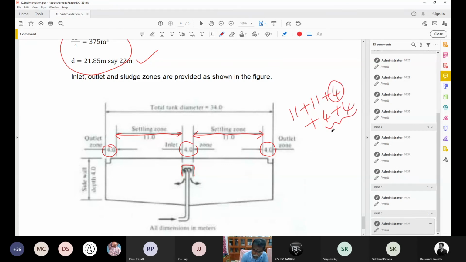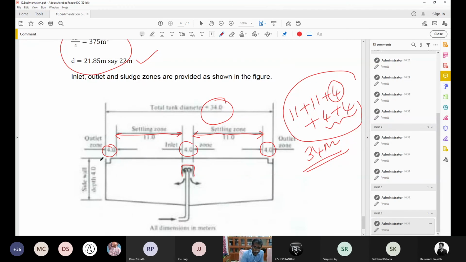Thereby, the total diameter becomes now 34 meter. That's what has been marked here. So whatever you calculate or design based on your Q data is only for your settling zone. Inlet as well as outlet lengths are added apart from your settling zone dimensions.